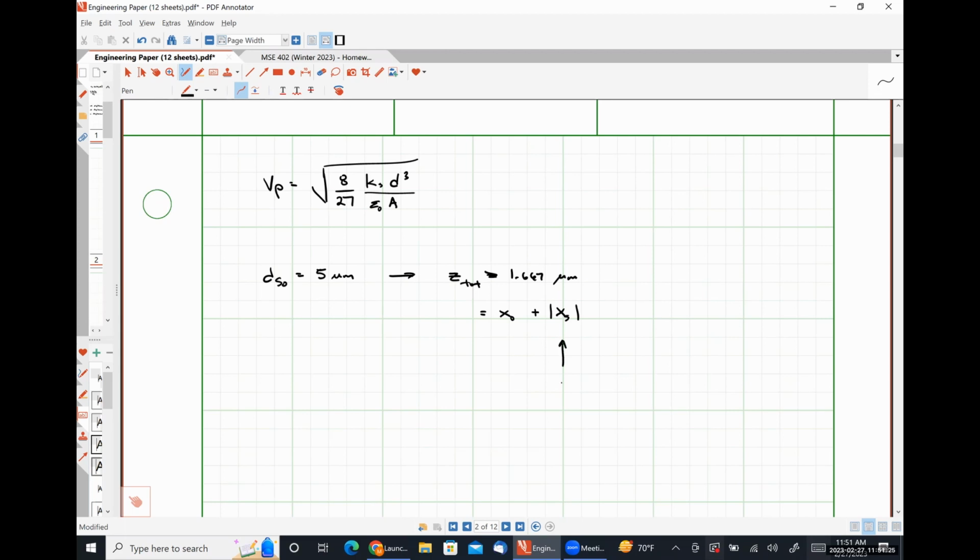So I need to figure out what omega value makes XS big enough such that the total displacement is 1.667 microns. Does that make sense? Yeah. Okay. Let's stick with that. Round and round, yes.